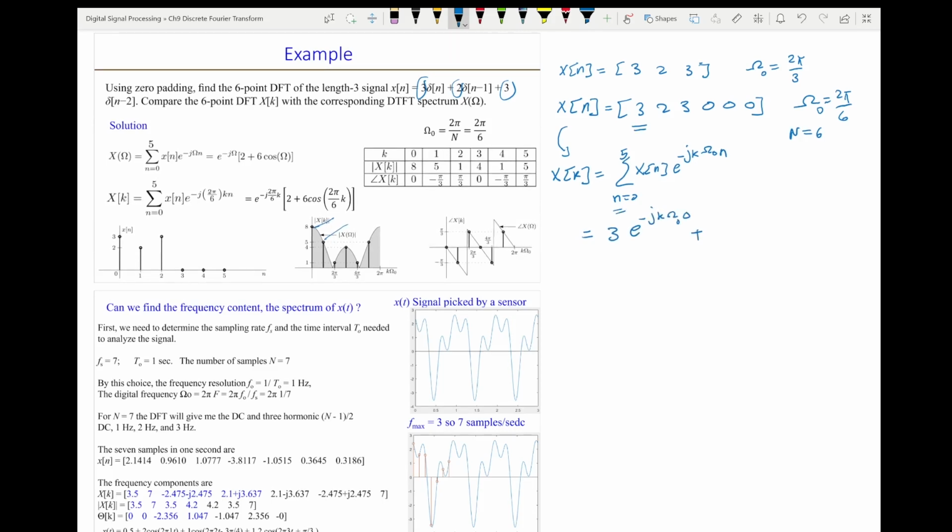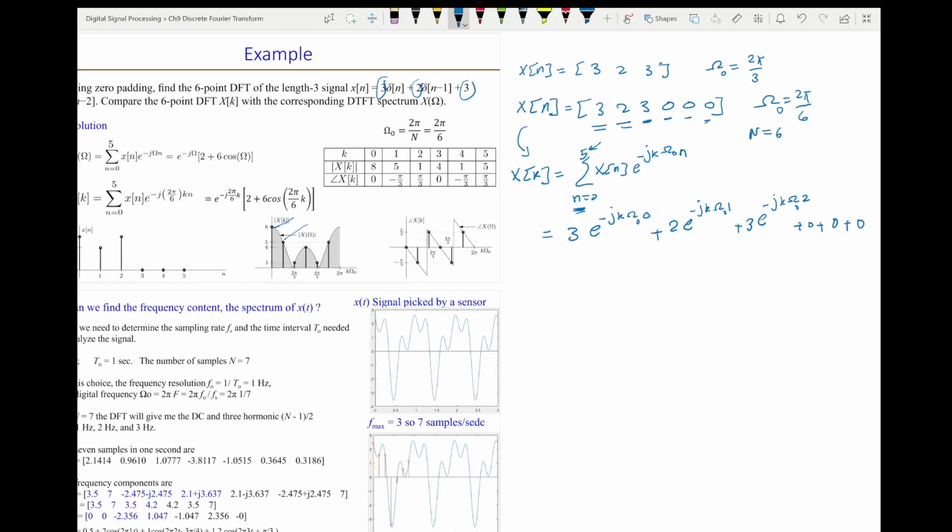When n is 1, x of 1 is 2. When n is 2, x of 2 is 3. When n is 3, x of 3 is 0. When n is 4, x of 4 is 0. When n is 5, x of 5 is 0. So this is really plus 0, plus 0, plus 0.